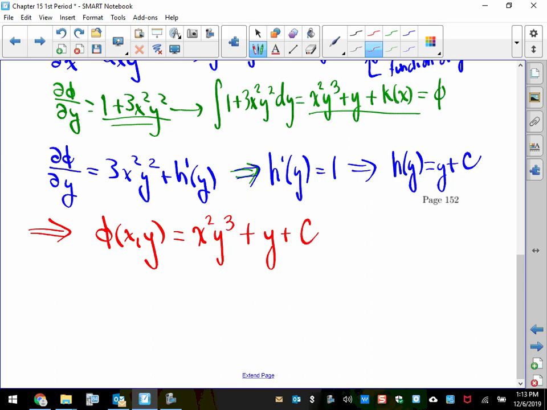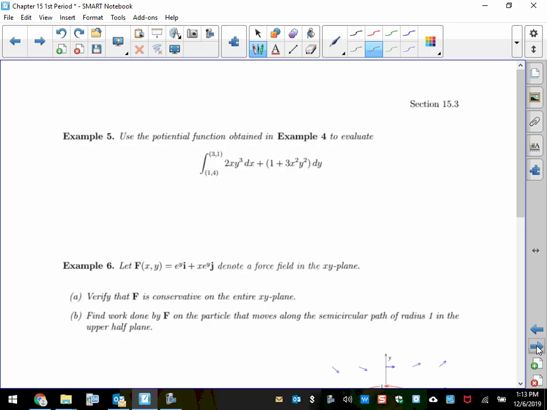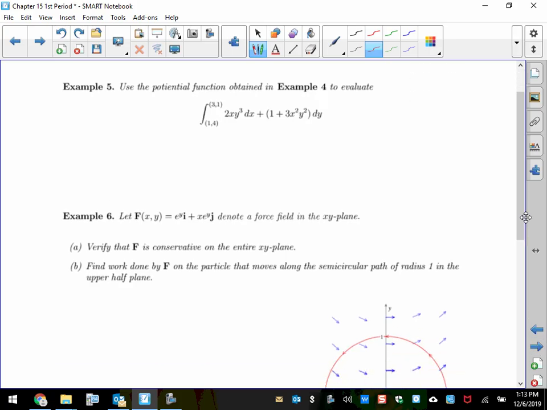So this is phi. So we were able to find that potential function, and you can choose any constant c that you want. So now, in the next example, we can actually evaluate using our potential function.